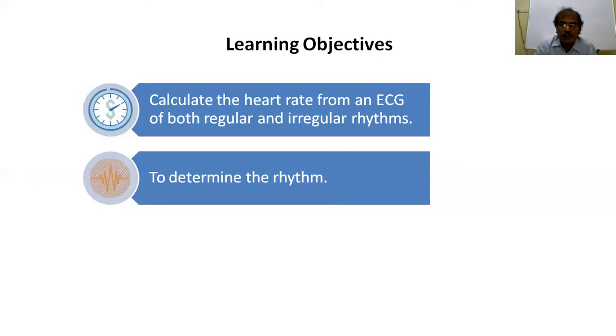If the rhythm is regular, you can choose a simple method to calculate the heart rate. If the rhythm is irregular, you have to choose another method. So the first step in interpreting ECG is the determination of the rhythm and then the heart rate. But here I am first telling you how to calculate the heart rate.